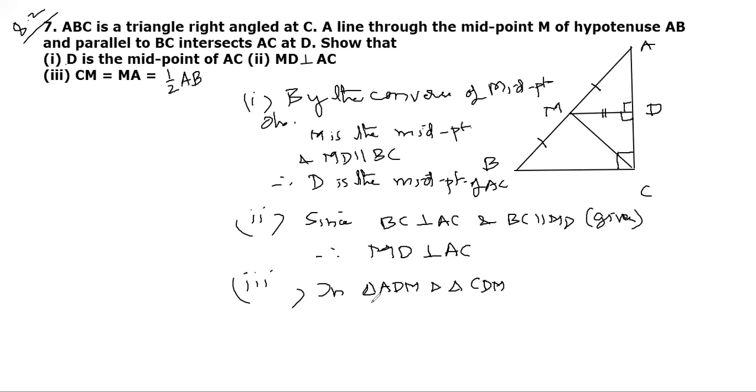So therefore, side AD: yes, D is the midpoint. We have proved that, so this will be equal to this. So side angle side. AD is equal to DC because we proved it above, and angle ADM is equal to angle CDM, each 90 degrees, and MD is equal to MD, a common side.